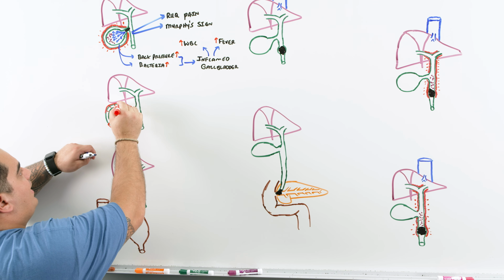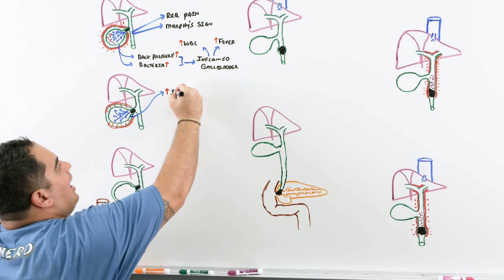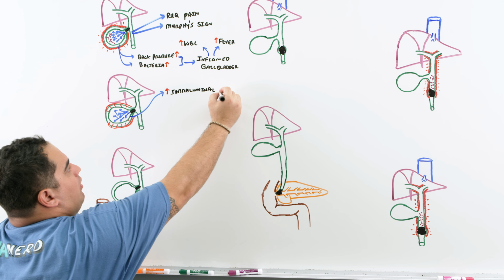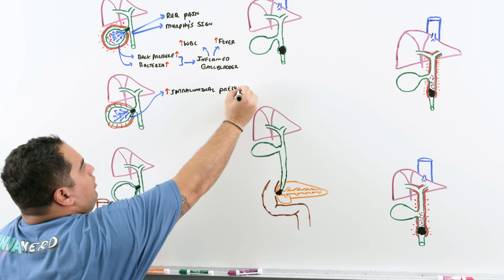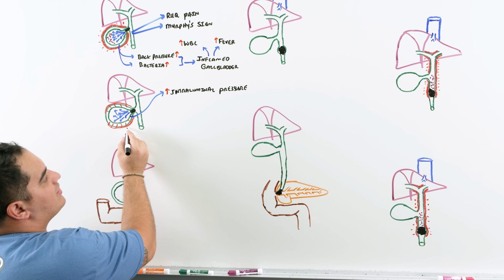But whenever you compress, because you're causing so much stretching, there's a massive increase in intraluminal pressure. All right, so that pressure is going to be super high. When that pressure is crazy high, what it does is it compresses the vessels.